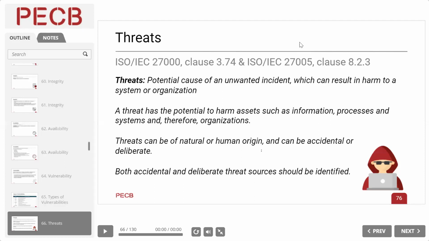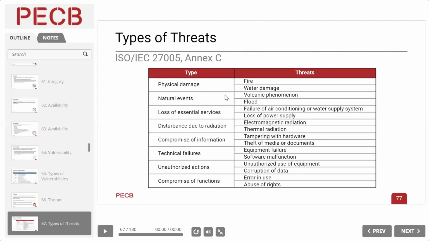Okay. So threats are external. They are outside, external to the assets that we are looking at. Okay.